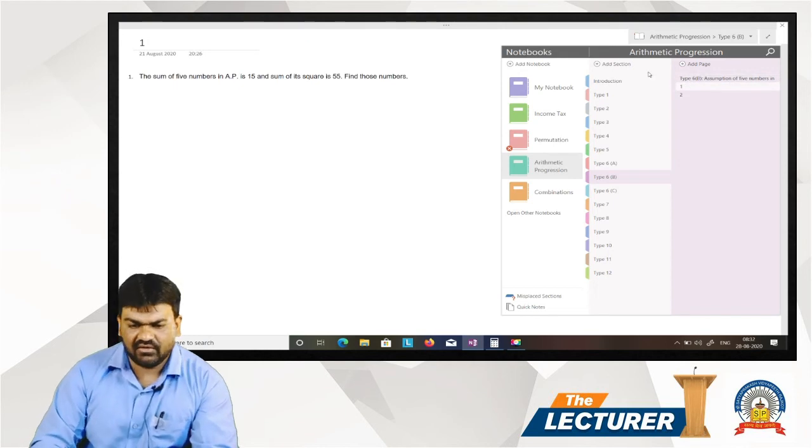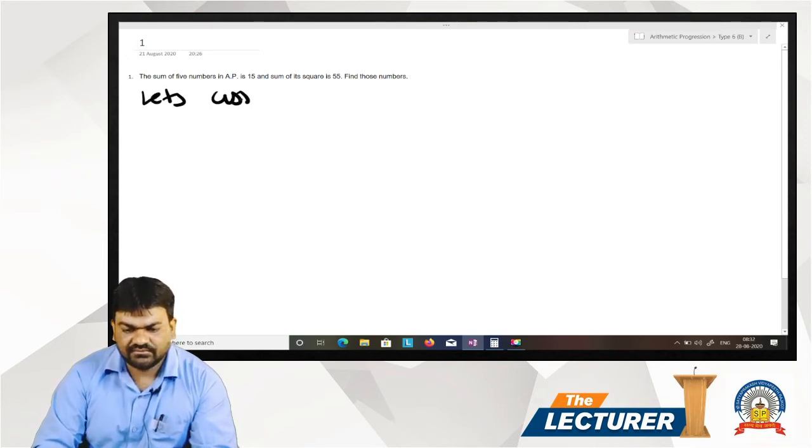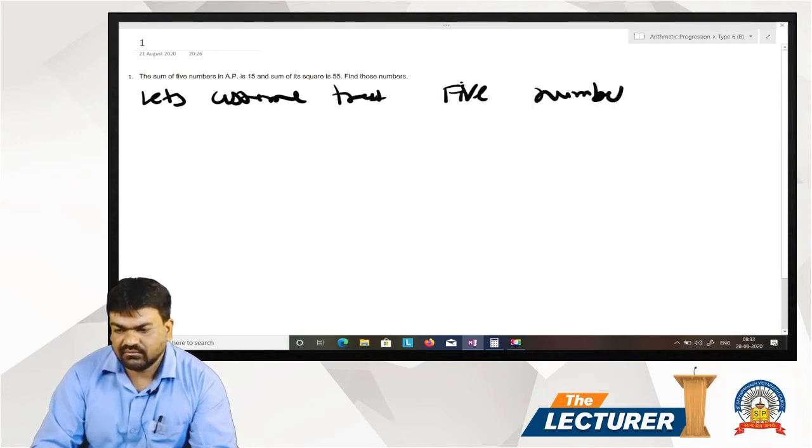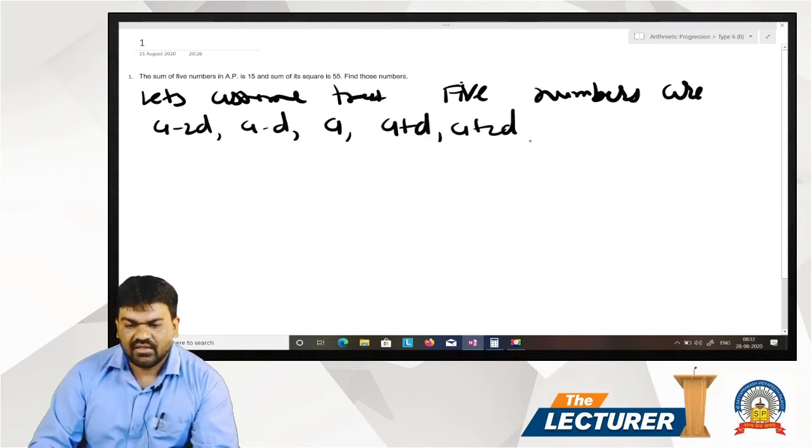Now next, assumption of 5 numbers, which we already discussed. First example: the sum of 5 numbers in AP is 15. Let's assume that the 5 numbers are a minus 2d, a minus d, a, a plus d, a plus 2d.